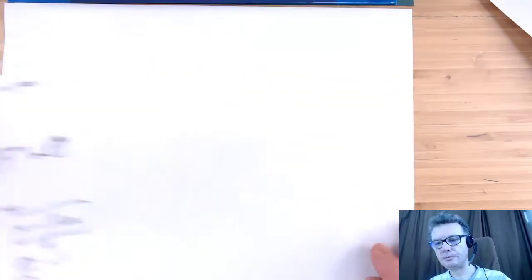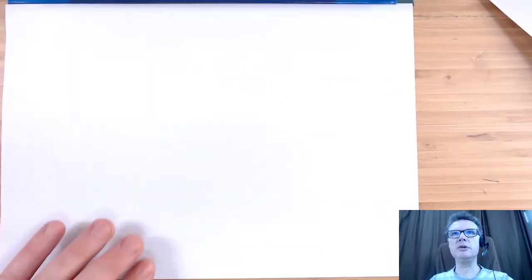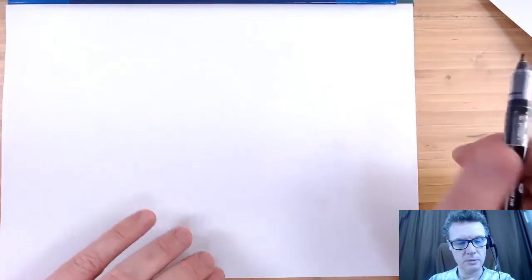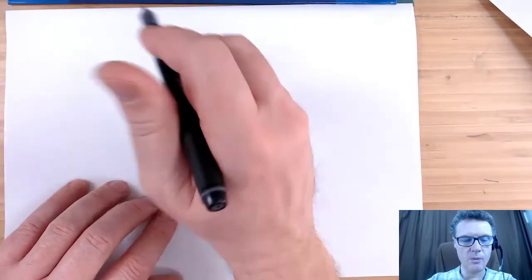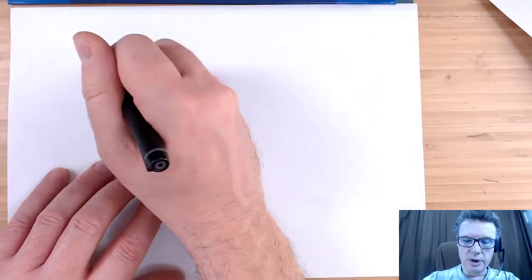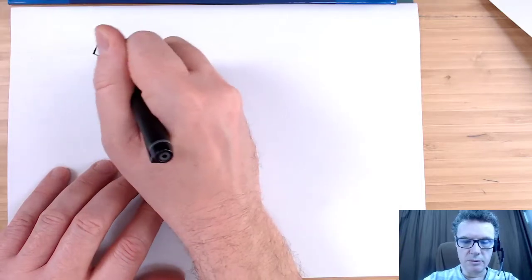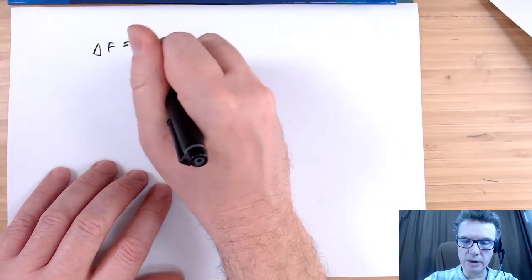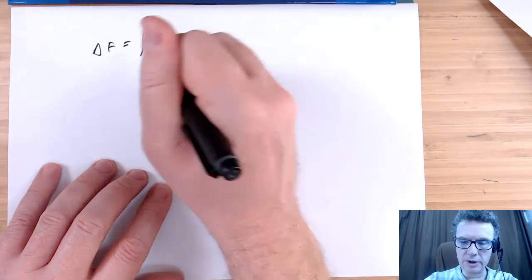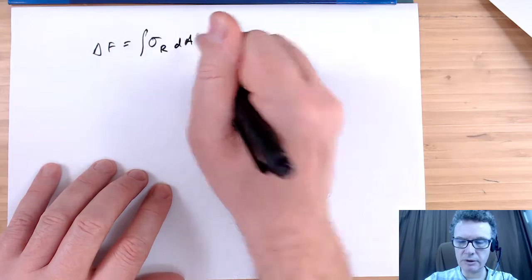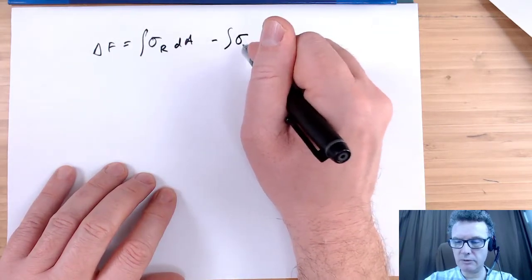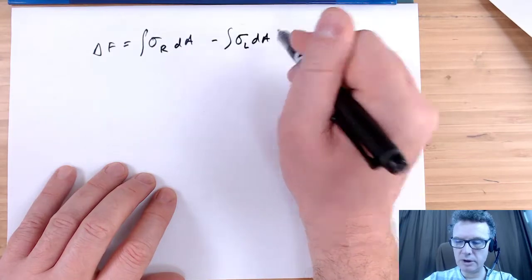Okay, so what to do next? So the force at the bottom will be the shear force on the right integrated over its area, take away the shear bending force on the left integrated over its area.